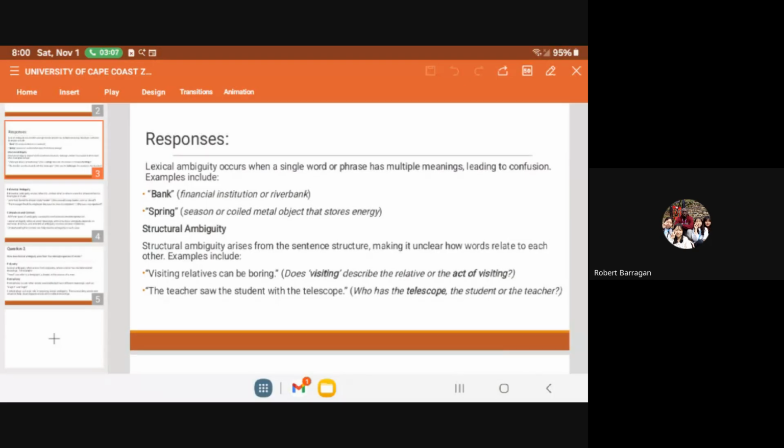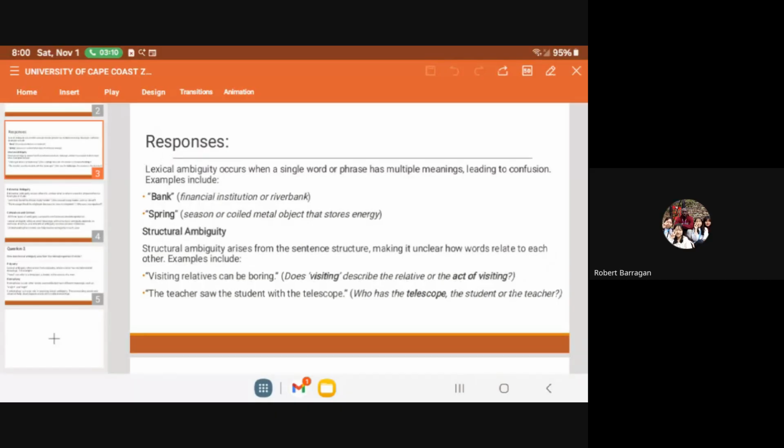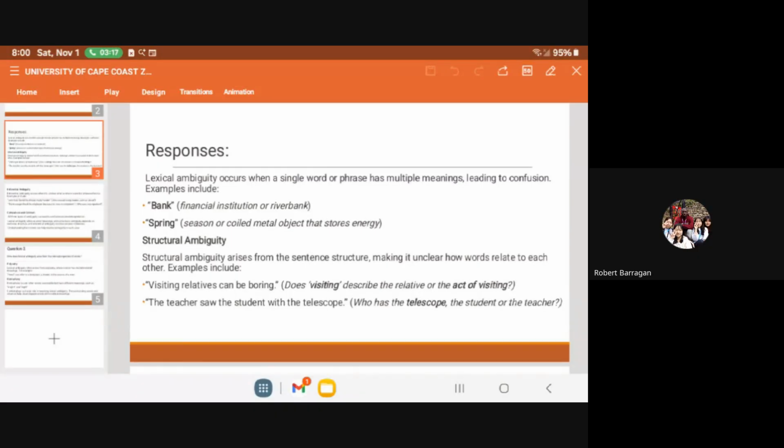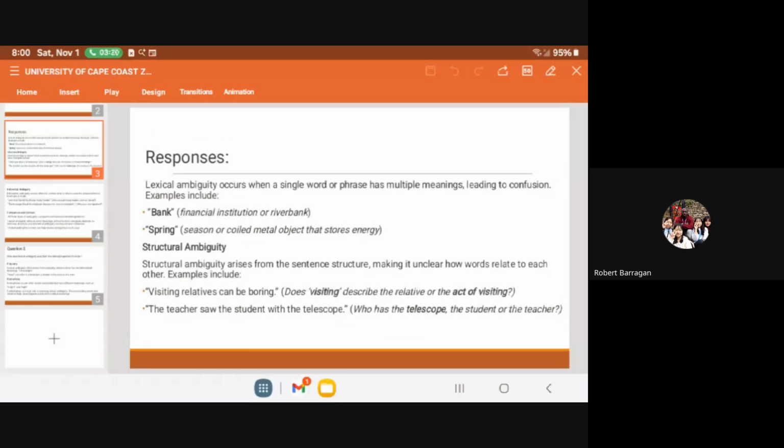So it causes ambiguity. Another example is, the teacher saw the students with the telescope. It's unclear who has the telescope here. Is it the teacher who is looking at the students with the telescope, or is the telescope in the possession of the students? So this also creates structural ambiguity because of the way the words in the sentence have been arranged. Next slide, please.